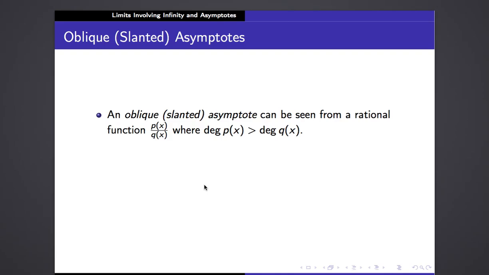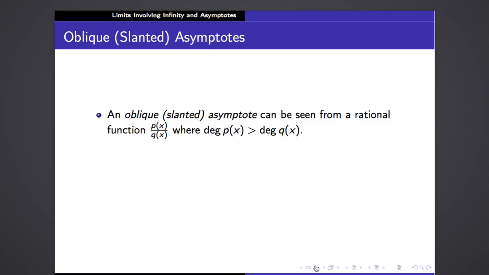An oblique asymptote can be seen from a rational function, but not every rational function has one. It appears when the degree of p of x, meaning the power of the leading term, is greater than the degree of q of x.